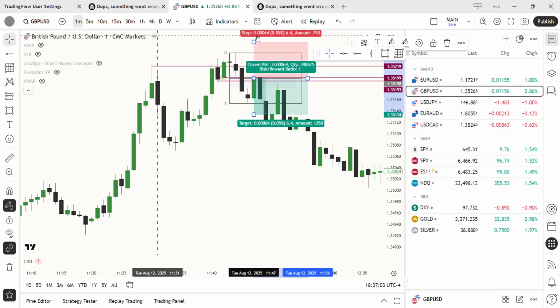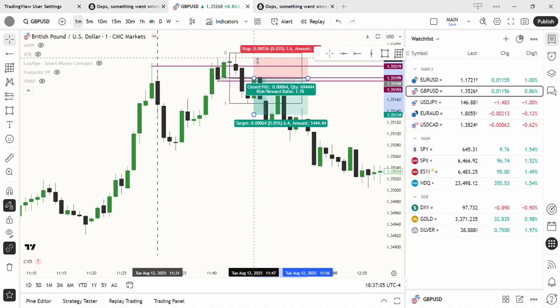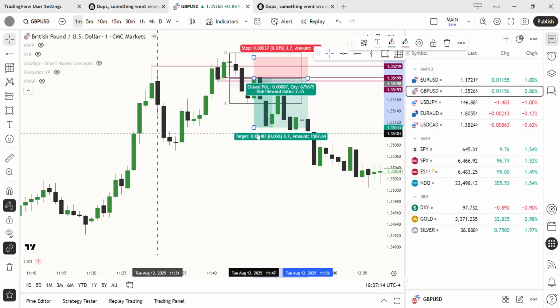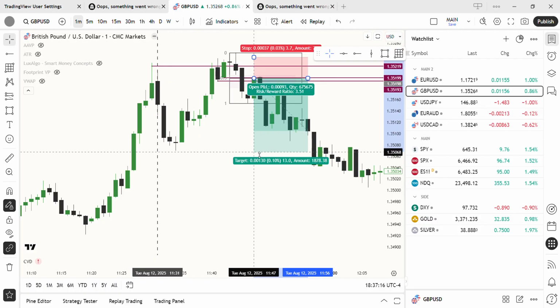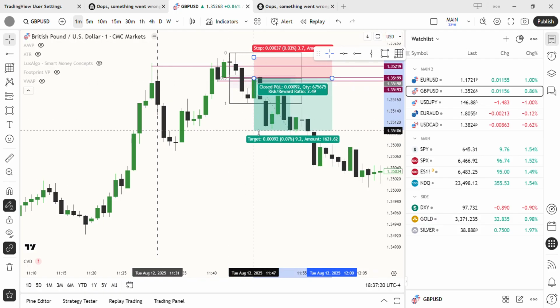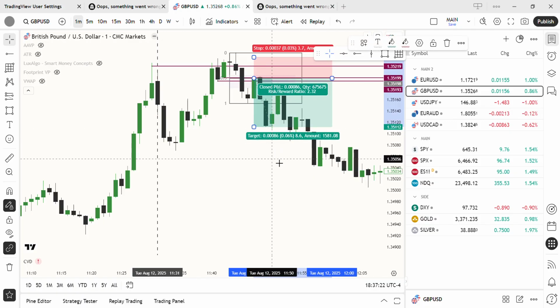All these confluences, stops right around here, top of this swing. Take profit here at the bottom of these, and take profit to here, which we would have hit both. Beautiful trade, beautiful day. Put that down.